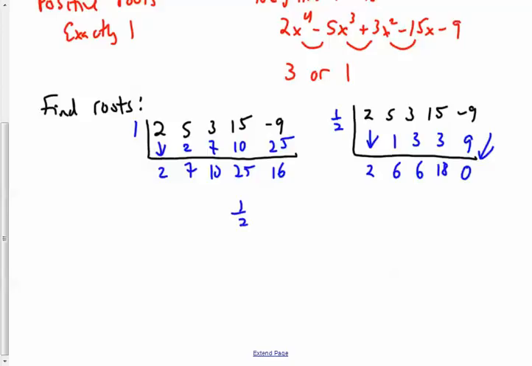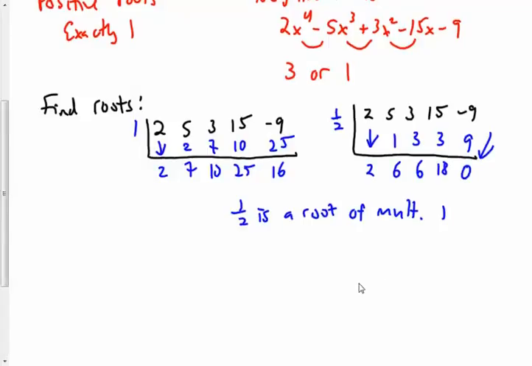That tells me 1/2 is a root of multiplicity 1. I don't need to check to see if it's a double multiplicity root here because I knew there was exactly one positive root. We'll now check the negative roots in the remaining polynomial 2, 6, 6, 18.